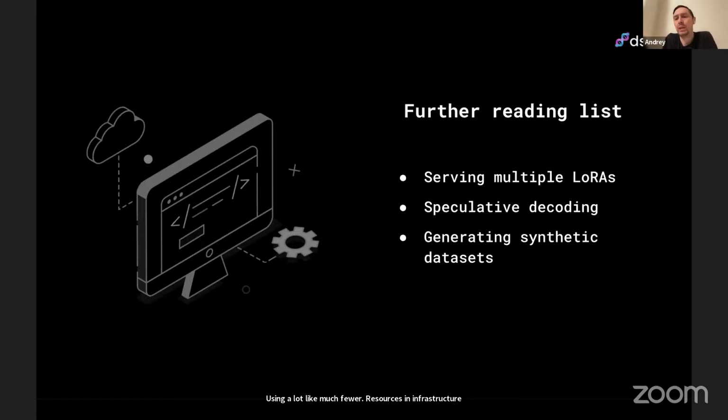Then the other one is speculative decoding. When you run inference, every invocation of the LLM is the bottleneck, and it takes a lot of time.